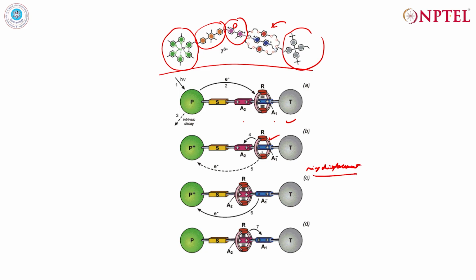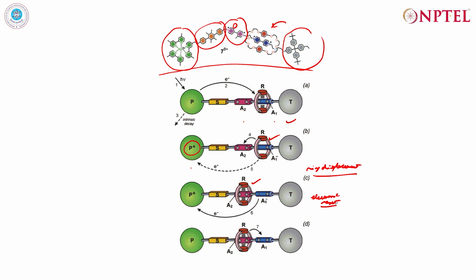Okay, because now it is going to be more stabilized in this particular region, and the photosensitizer which transfers the electron becomes P plus. There are two competing processes. One is the ring displacement and the other is the deactivation of the excited state by the transfer of electron back to the initial position.